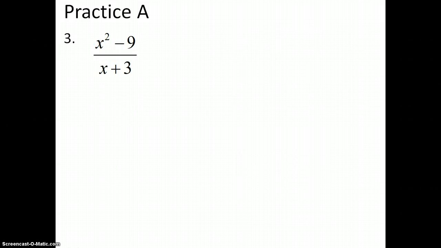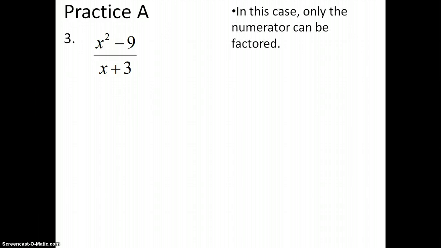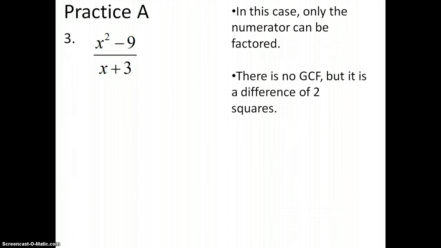If you take a look at number 3, looking at the numerator, we've got x squared minus 9. There's no greatest common factor. However, you'll probably notice that it's a difference of two squares. And looking at the denominator, you'll notice that it can't be factored.